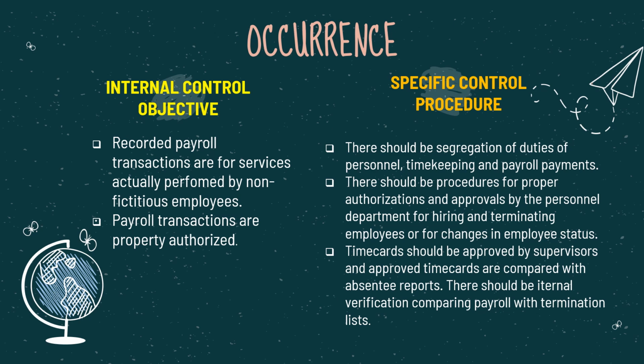The specific control procedures are: there should be segregation of duties of personnel, timekeeping and payroll payment. Second, there should be procedures for proper authorization and approval by the personnel department for hiring and terminating employees or for changes in employee status. Thirdly, time cards should be approved by a supervisor and approved time cards are compared with absentee reports. There should be internal verification comparing payroll with the termination list.